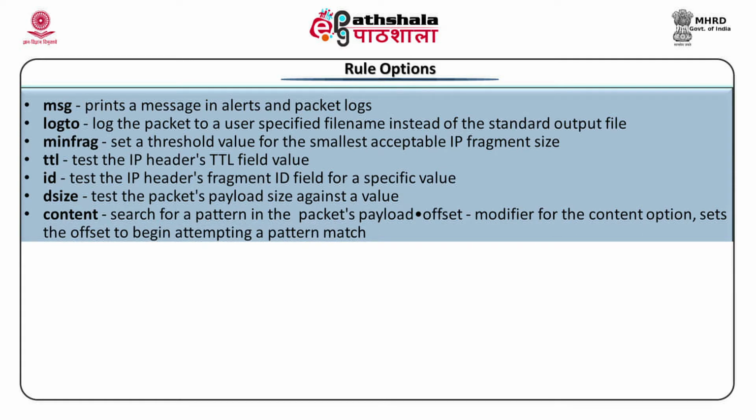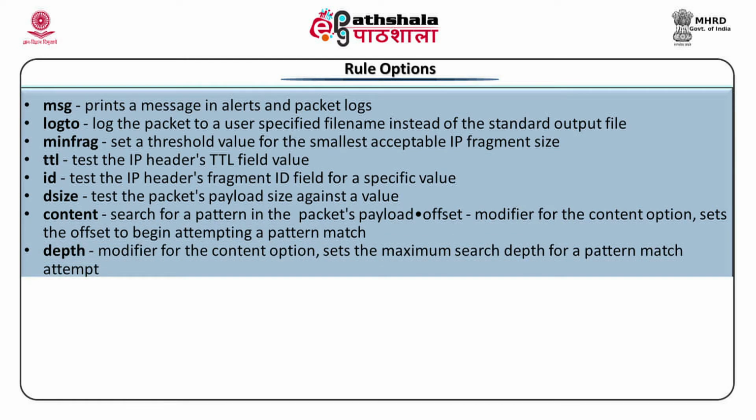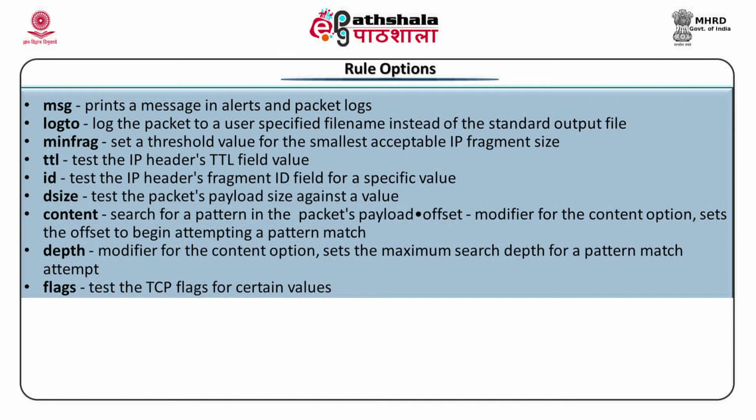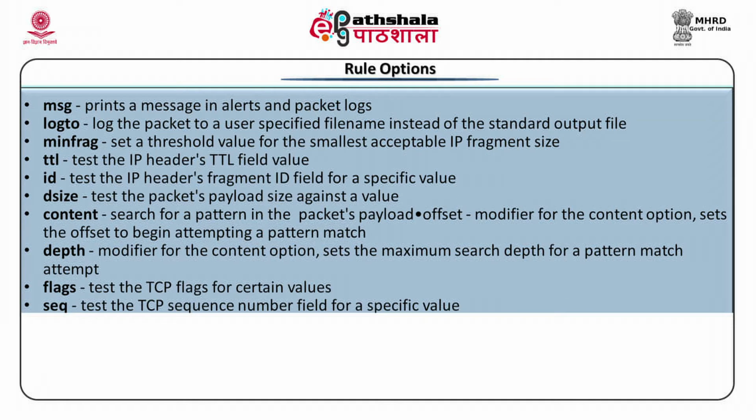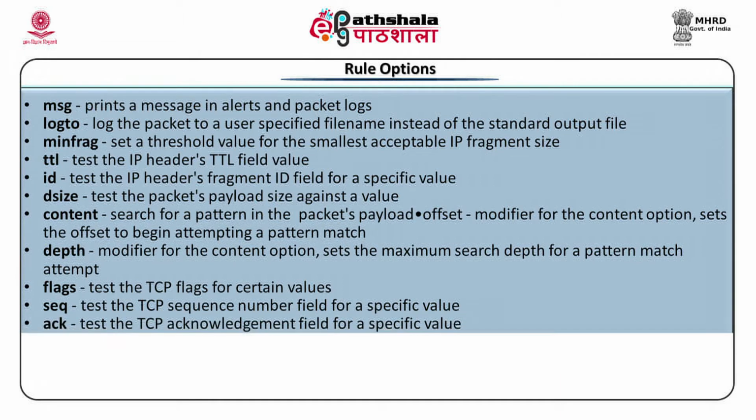Minfrag says set a threshold value for the smallest acceptable IP fragment size. TTL says test the IP header's TTL field value. ID says test the IP header's fragment ID value for a specific value. Dsize tests the packet's payload size against a value.